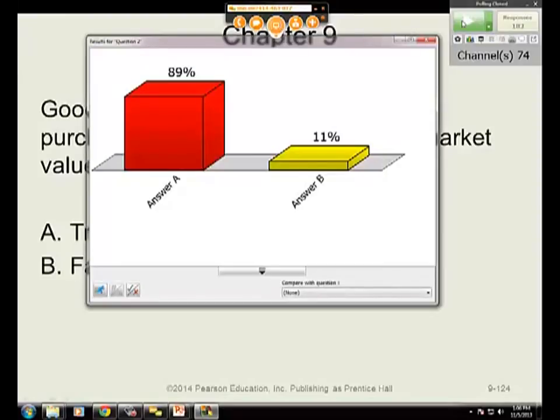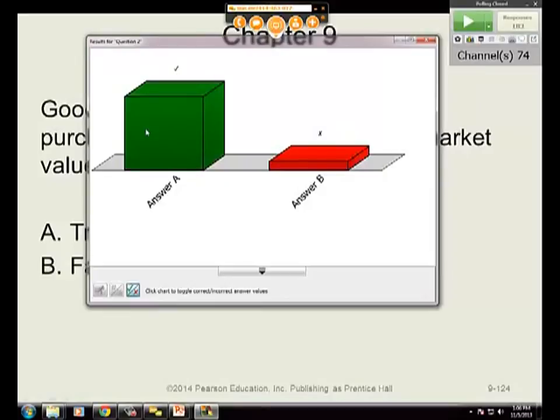All right, very good. So everyone knows what that is. Goodwill represents the excess of what you pay over the fair value of the net assets that you acquire in a merger and acquisition.